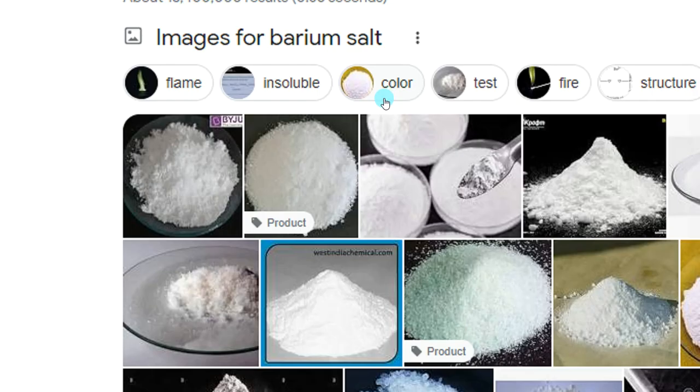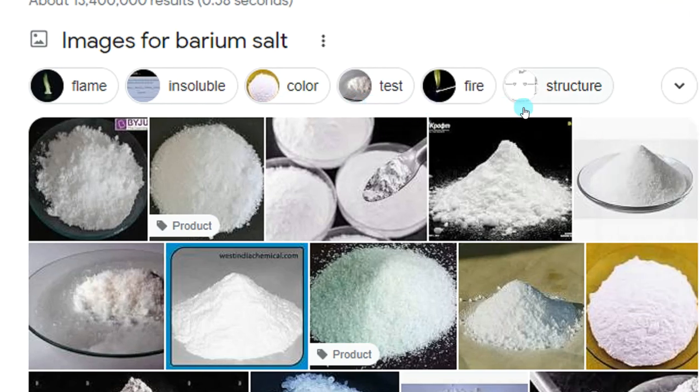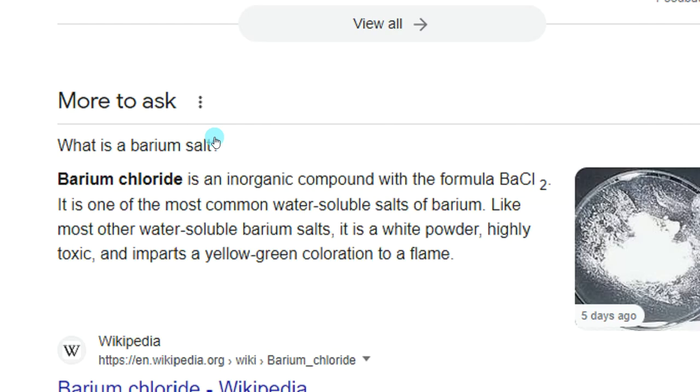To discuss something about the barium salt, barium chloride is an inorganic compound with the formula BaCl2. It's one of the most common water-soluble salts of barium. Like most other water-soluble barium salts, it's easily soluble in water.